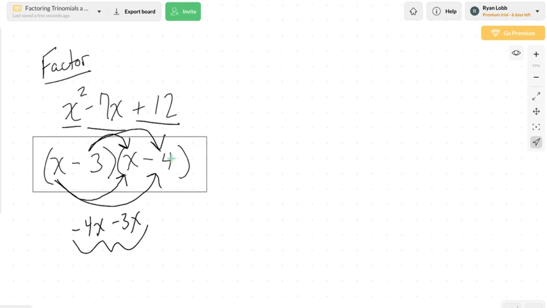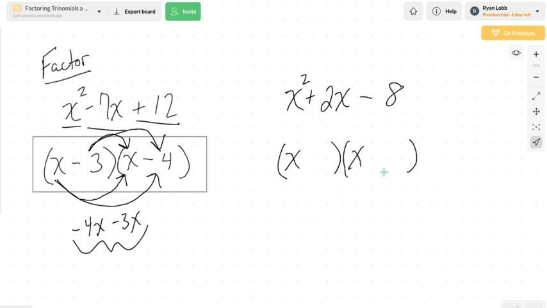All right, now the other scenario is when we have something like this. We're still factoring, so now let's factor x squared plus 2x minus 8. Very, very similar, just a little difference here. Still going to have x and x here. But now we still start here and say factors of 8.